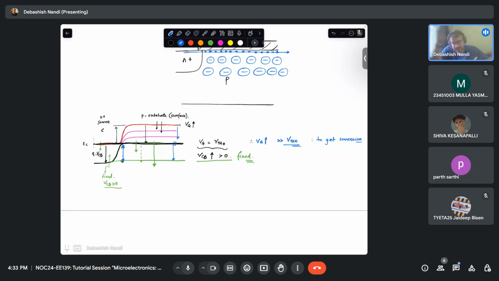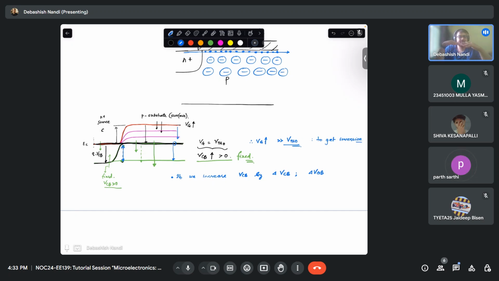But now can you tell me, if we increase VCB by delta VCB, how will my delta VGB be? Will it be higher than delta VCB, equal to delta VCB, or less than delta VCB? Do you understand the question?